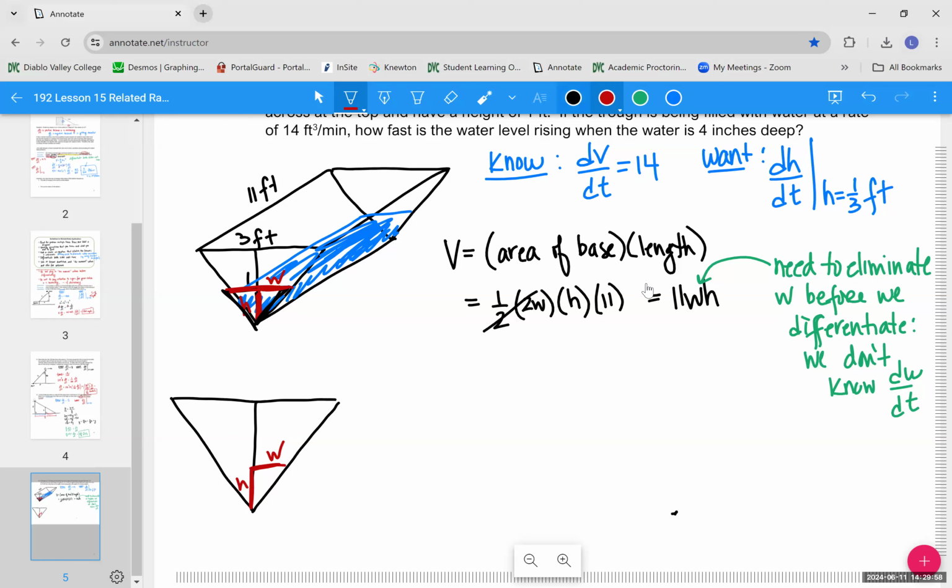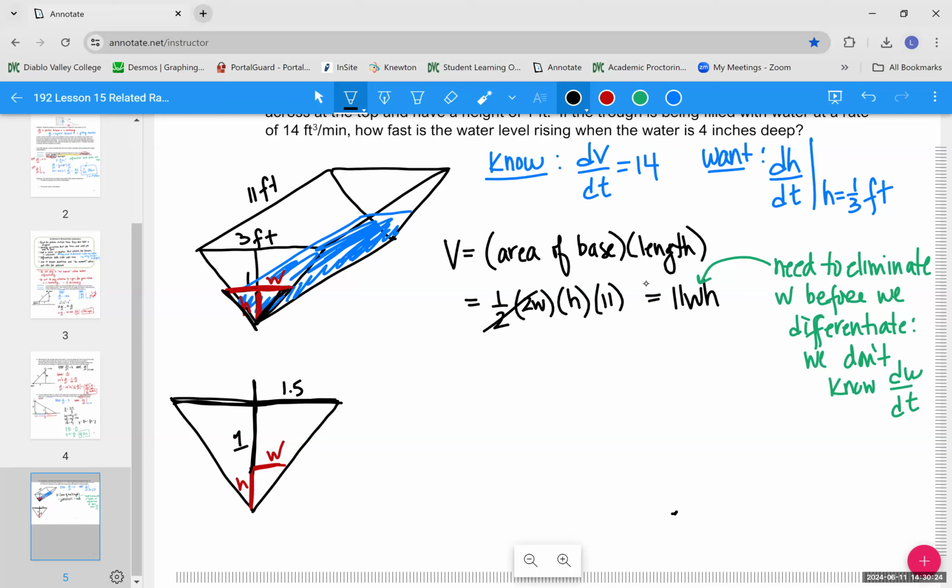Then we also know that the height of the whole thing was 1, right? And what about this? It was 3 across the whole top. So if I'm just going to look at half of it, that would be 1.5, right?